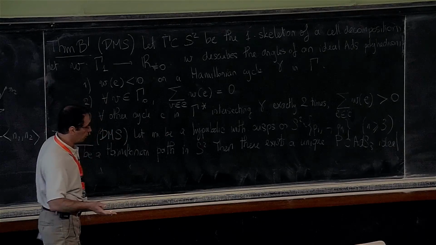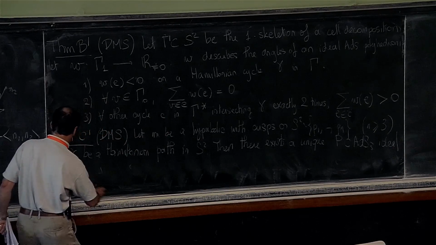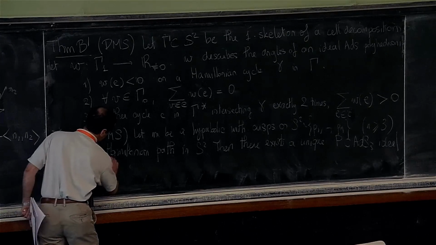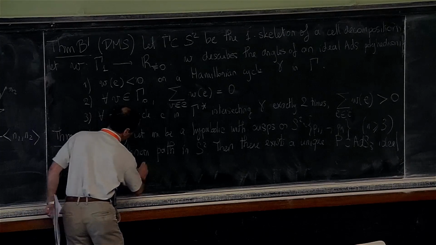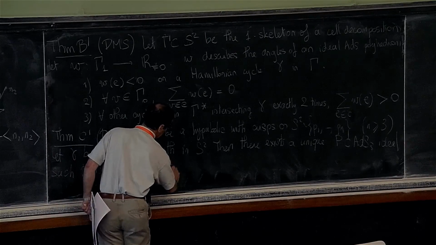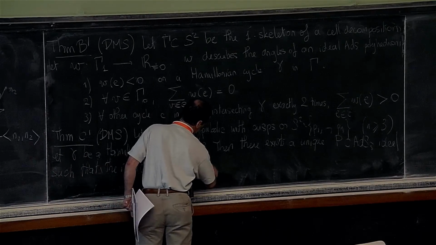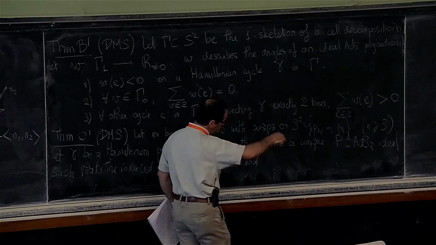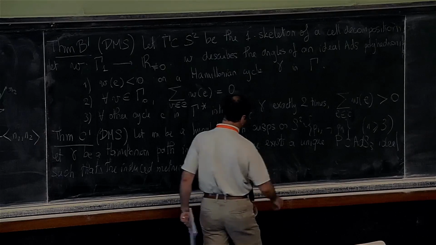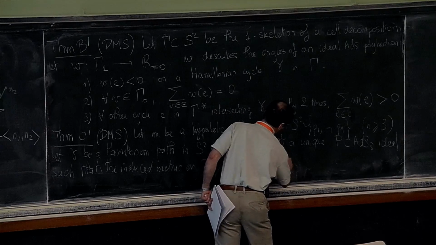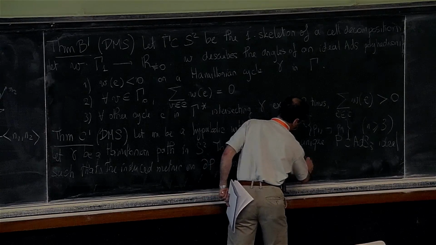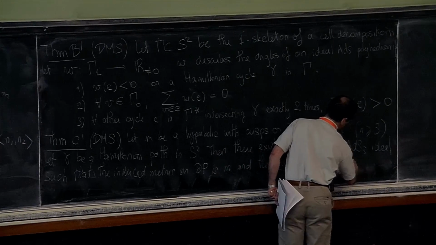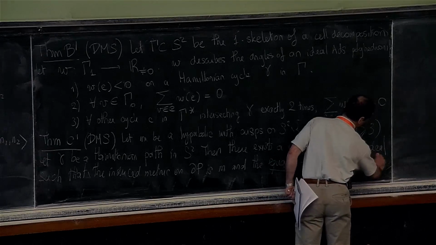Uniqueness is up to global isometry, of course, such that the induced metric on the boundary of P is M, and this cycle that separates the path and the boundary disk, I'm going to call it the equator of P, is isotopic to gamma.